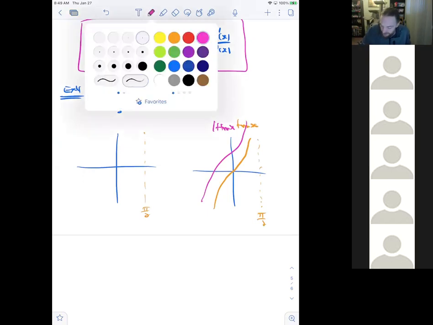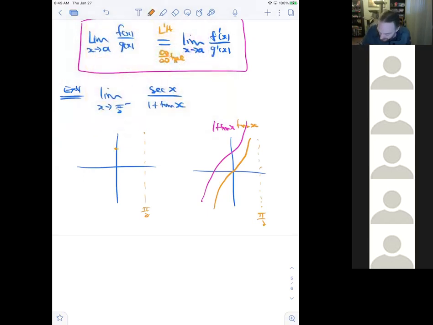And then secant is going to be this guy. So we're approaching pi over 2 from below, and this gives me positive infinity. So this is infinity over infinity type.